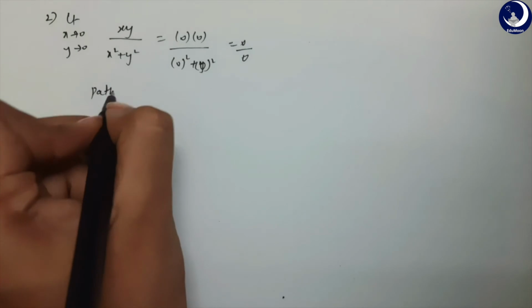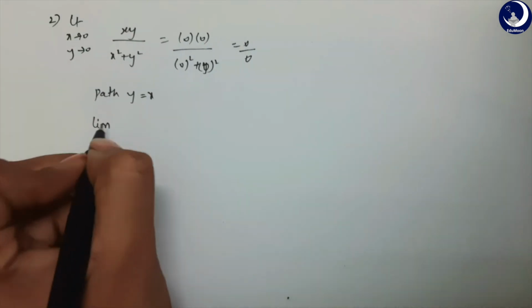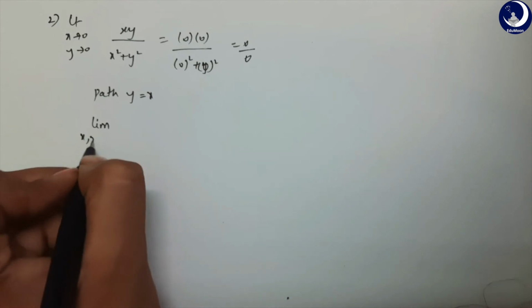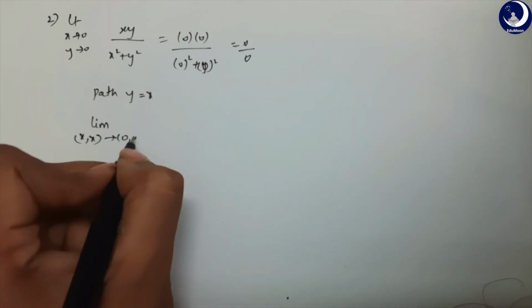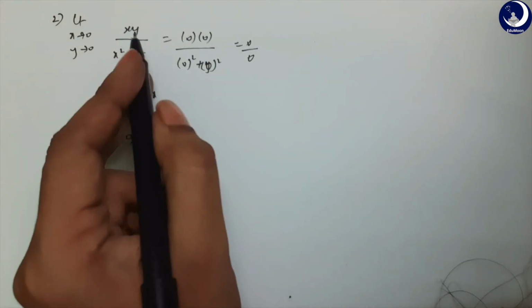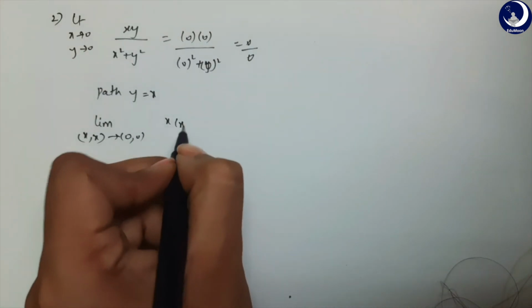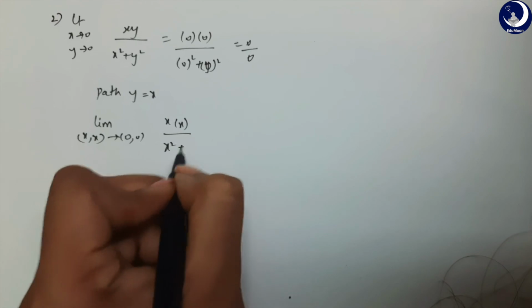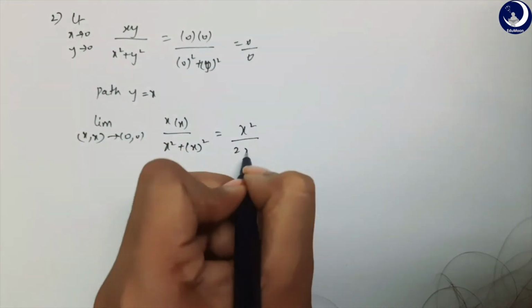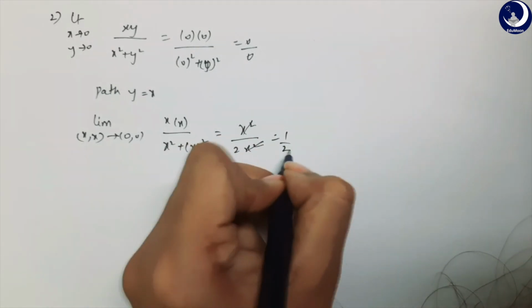So considering the path y equals x, we get the limit as (x, x) approaches (0, 0), because y is equal to x, right? So instead of y we can substitute x there. So x squared plus x squared, that is x squared by 2x squared, and we got 1 by 2.